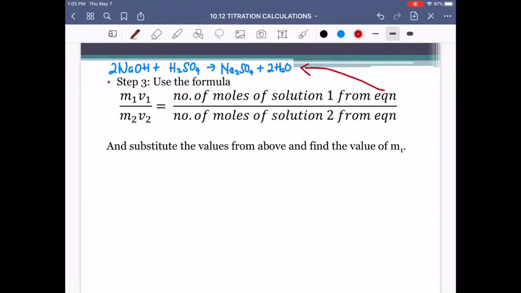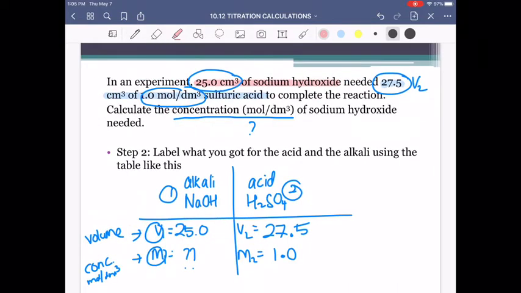You have to refer to this. Number of moles means the coefficient in front of your solution 1 and solution 2. So who is your solution 1 and solution 2? Let's refer back to the previous slide. Solution 1 is your NaOH. Your solution 2 is your sulfuric acid. Let's label here.